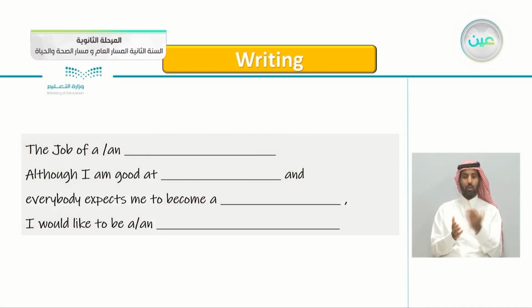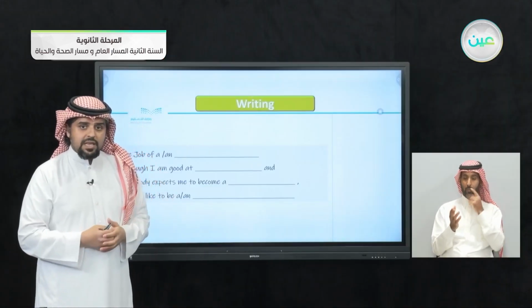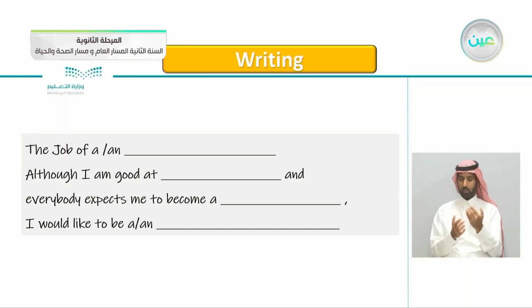And this is how you write the article: the job of a or an, and you write whatever job you like. Although I'm good at, and everybody expects me to become a, I would like to be an or a. So you have to begin your article by filling these gaps, and then you can continue the article by yourself.